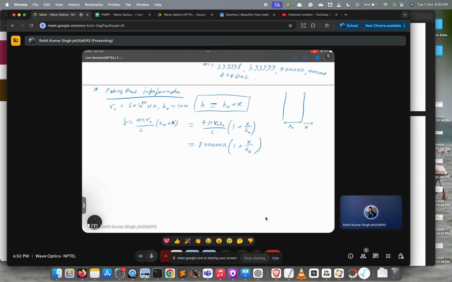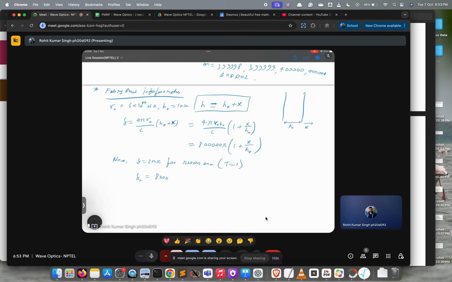Now what we know is that you need delta equal to 2m pi for the resonance condition, right? Resonance means t equal to 1. This we know, right? So initially when it is at h naught, what is your delta naught?